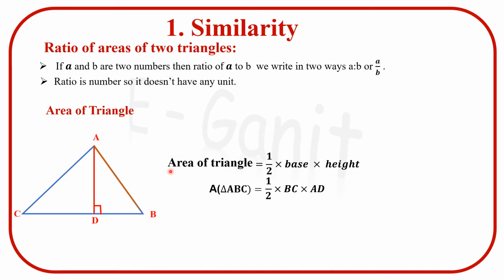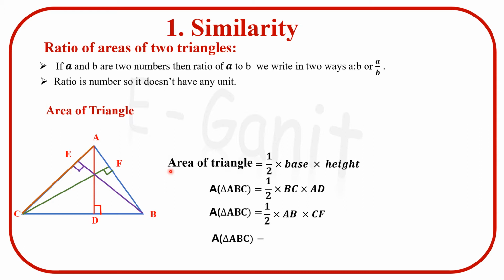If we take AB as a base, then CF is the height. Area of triangle ABC is equal to half into AB into CF. When we take AC as a base, then we draw the altitude or height from vertex B. BE is the height.